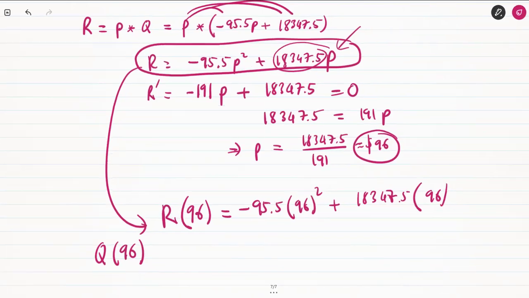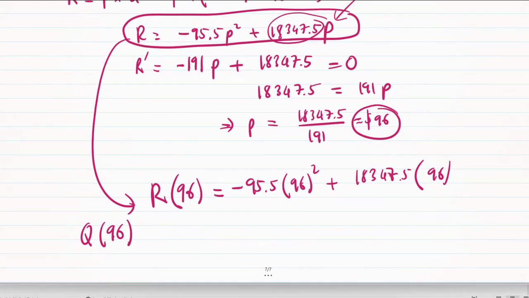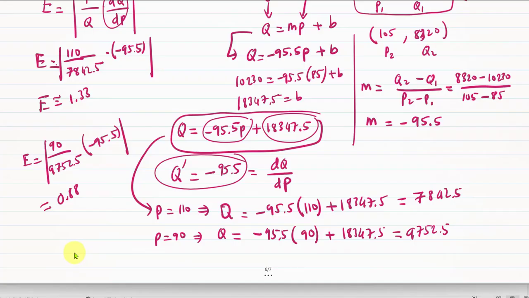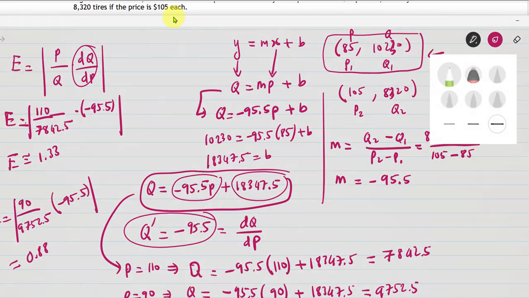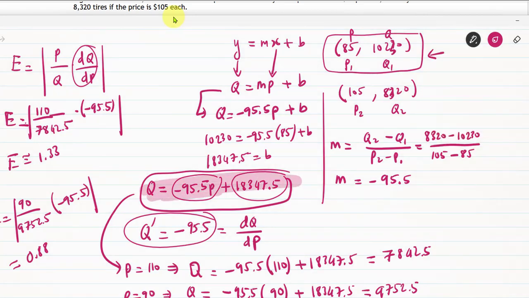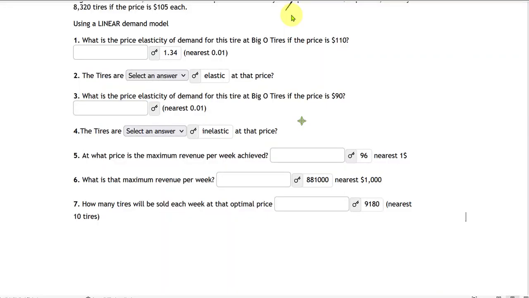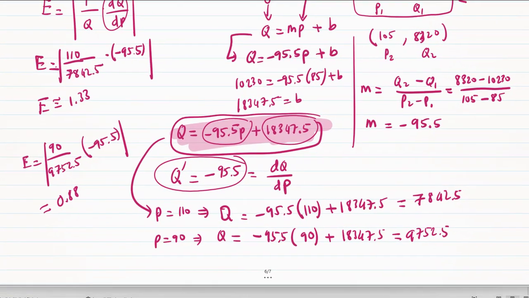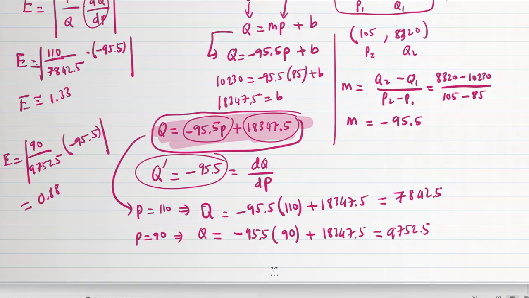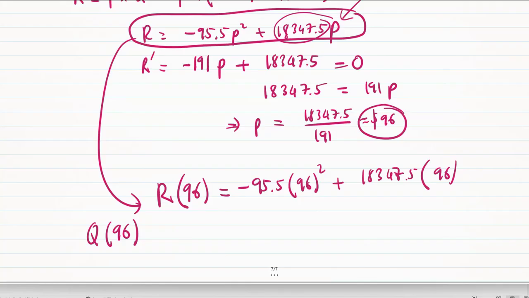So if you remember from the last page, we solved for the Q equation, right? The Q, which is right here. The Q equation is this one in terms of the price. Minus 95.5P plus 18347.5. So let me write here again.